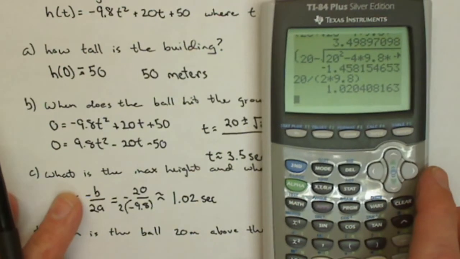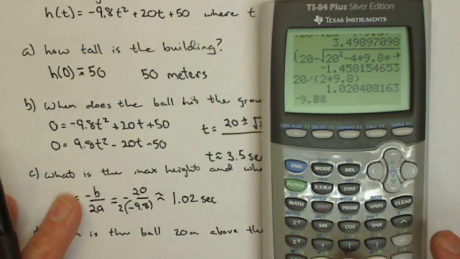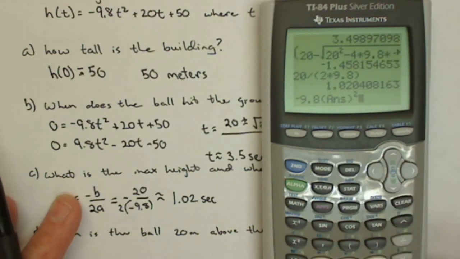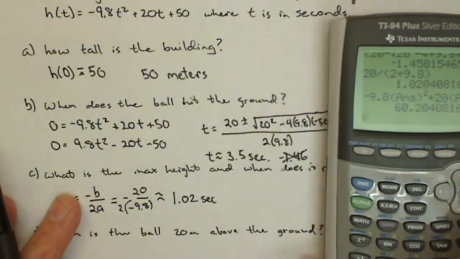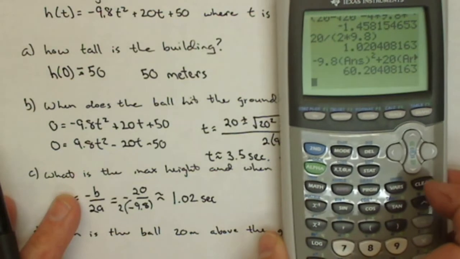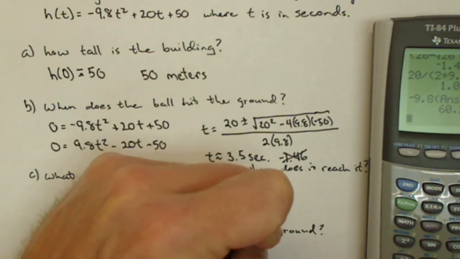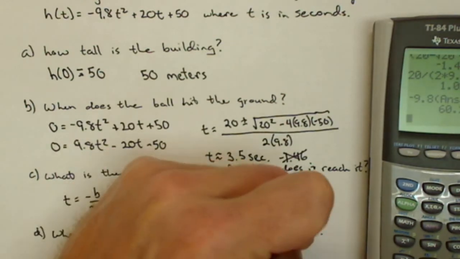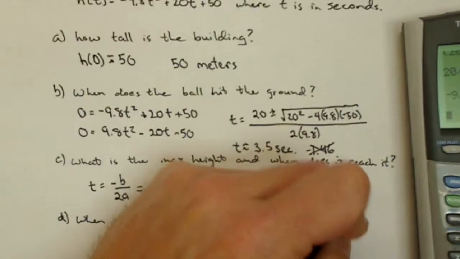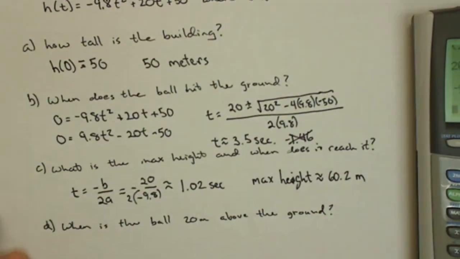So I'm going to put in negative 9.8 times, now I'm going to do second, that answer key at the bottom that I showed you, squared, plus 20 times second answer plus 50. So that automatically puts that number in for me. And there's my maximum height, about 60.2 meters. So the max height is about 60.2 meters above the ground.